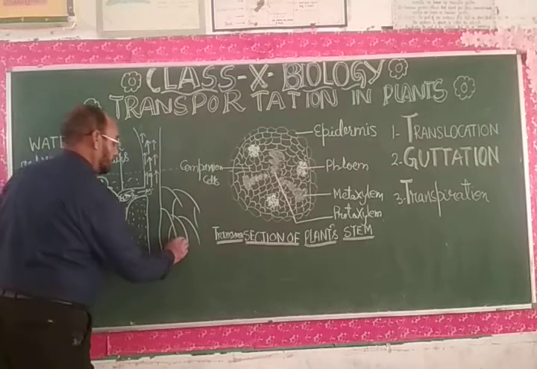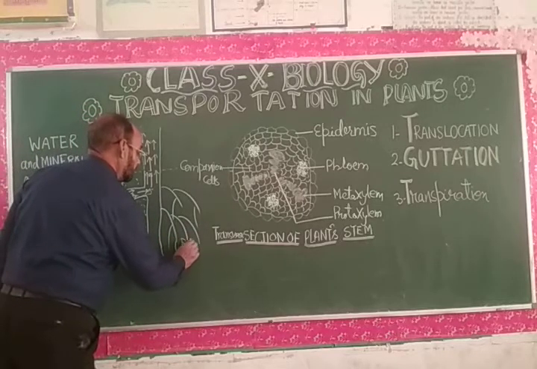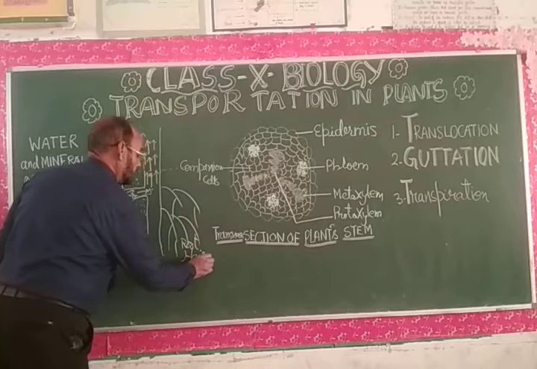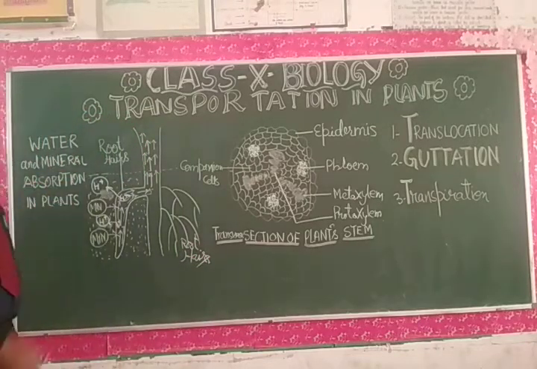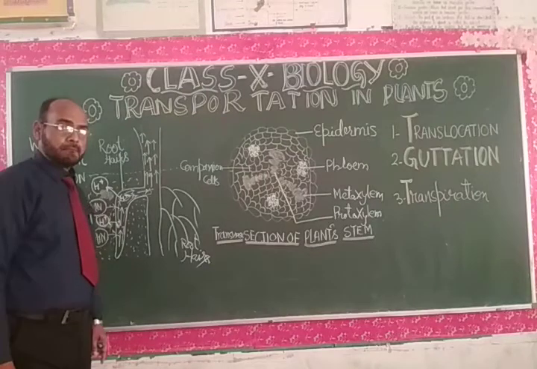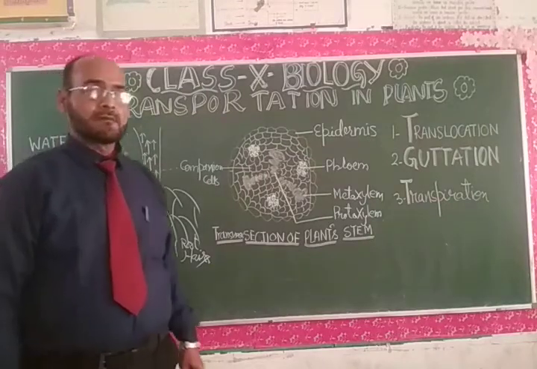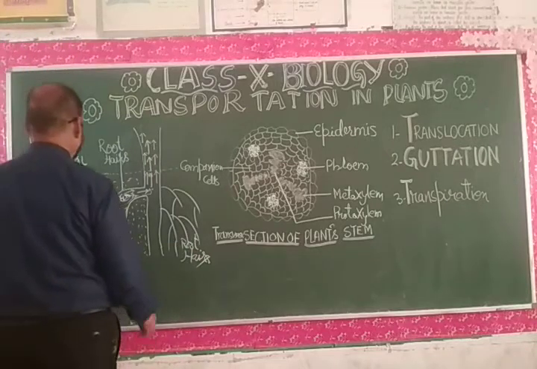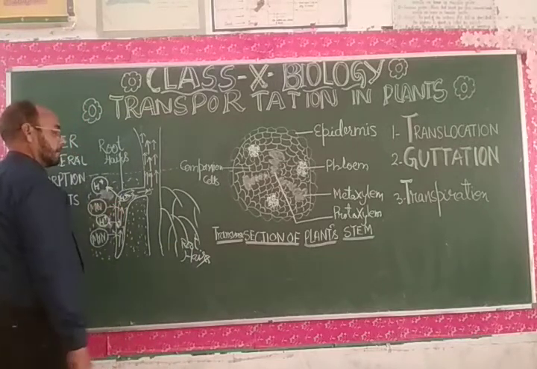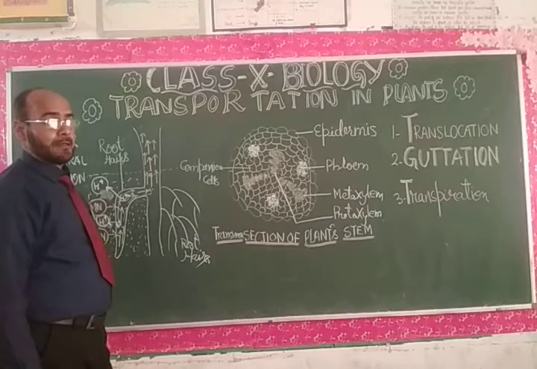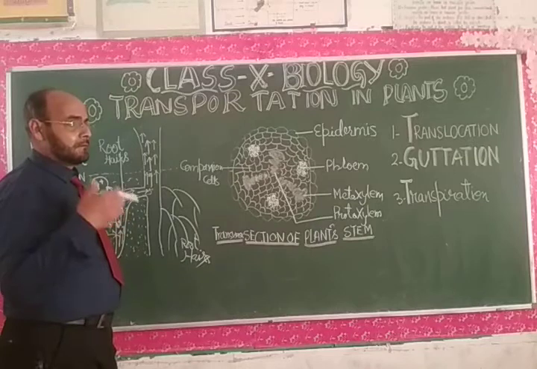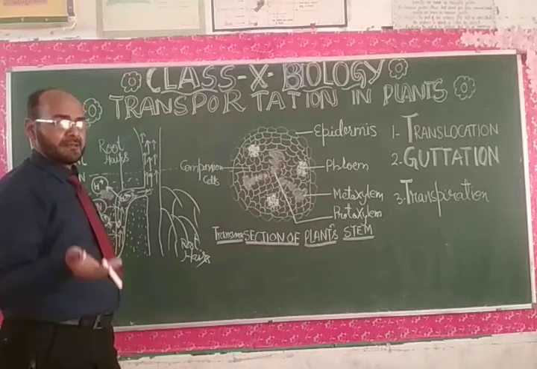These are the root hairs. They are responsible for the absorption of water and minerals from the ground for the essential manufacturing of food. And you see the absorption of nitrate, calcium, phosphorus, and magnesium.